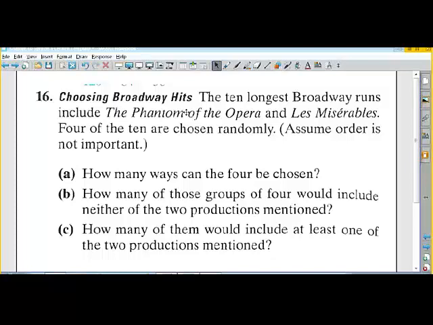Then we do the one that's the complement of what we're trying to find out. Notice it says at least 1. So the way we would do that is by finding the number of arrangements that don't include either one of them. That's what we'll answer here, and then we'll take the difference between the 2 answers we get in A and B, and that'll answer the last question.